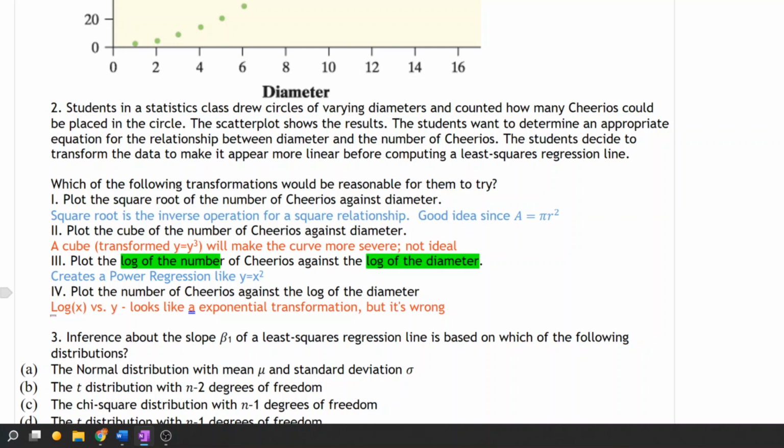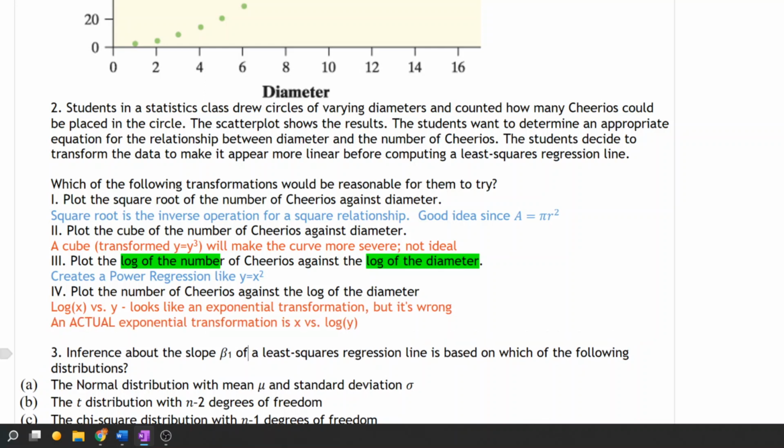So what you're really plotting here is log of x versus y. The actual exponential transformation is the x-coordinate versus the log of the y-coordinate. So this takes the log and puts it in the incorrect place. So the only two that work here are numbers 1 and 3.